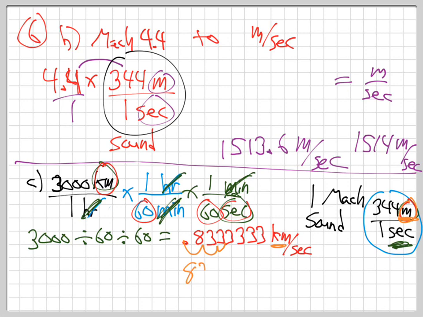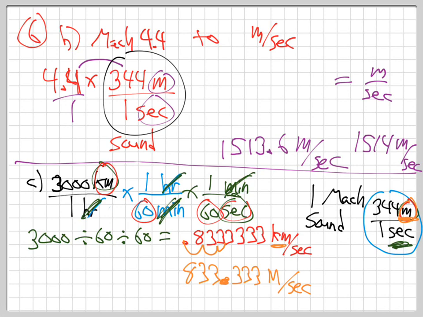So it's 833 point, and then 3's forever. Now that's meters per second. The decimal was before the 8, went 3 jumps to the right. 833.3333 meters per second. Okay.